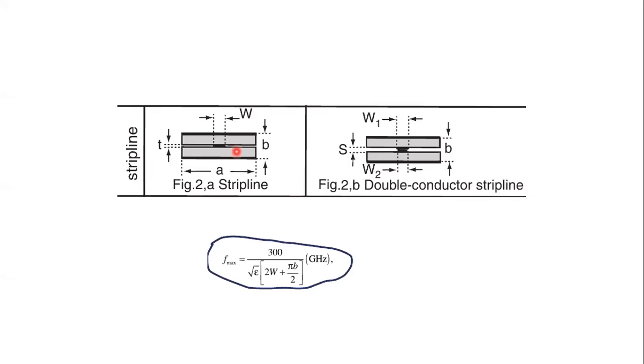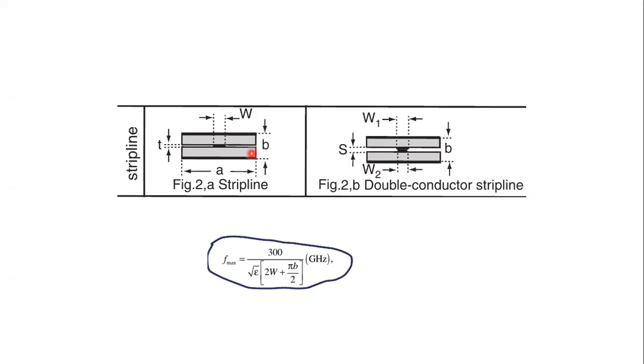That's why it does not include radiation loss. The losses which exist in strip line are dielectric loss and conductor loss. Radiation loss can be neglected up to a certain frequency. And if shielding is done, meaning the side wall is provided, then the radiation loss is 0. You will have only dielectric loss and conductor loss.